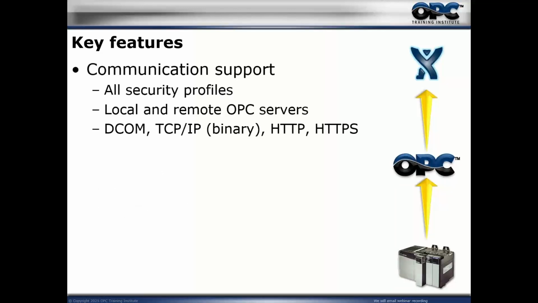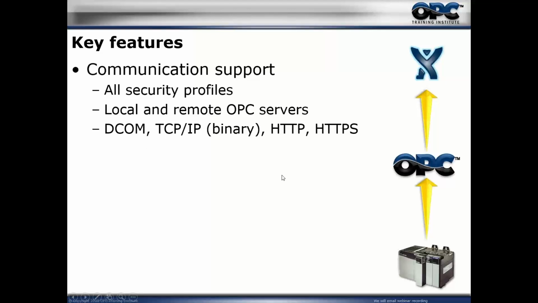What's also very important as far as OPC is concerned is that all the communication profiles are supported when you're going to OPC UA, so you have an opportunity to test it. If your application is using some kind of secure communication to a remote or local OPC UA server, you can use OPC Expert to test that connection, where you can connect to local and remote OPC servers using DCOM or TCP/IP, HTTP or HTTPS.